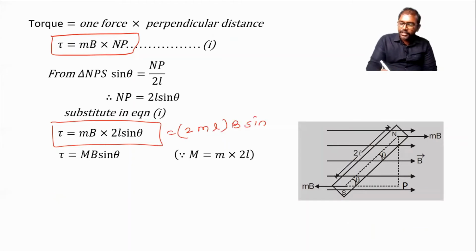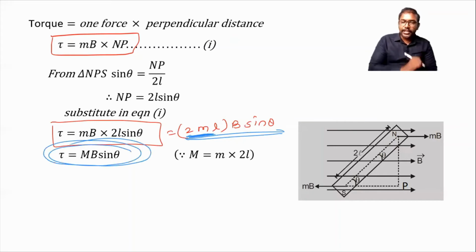And you know that this 2ML is capital M, the magnetic moment. So instead of 2ML, I can write capital M. So we get the formula torque is equal to MB sine theta, and this is the final formula of the torque acting on a dipole.